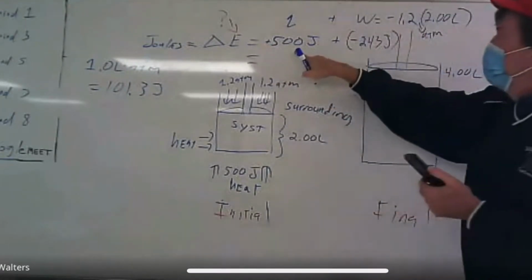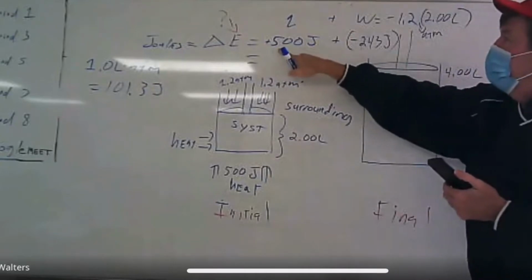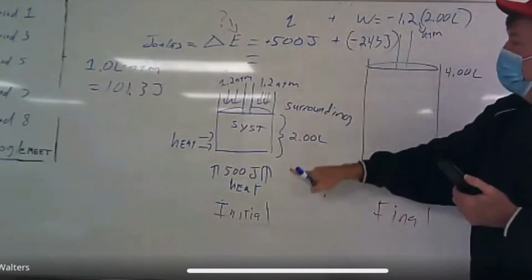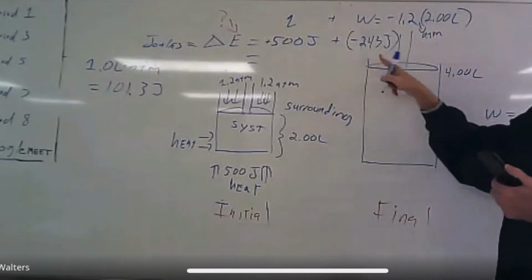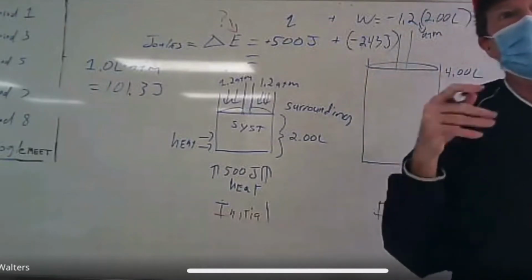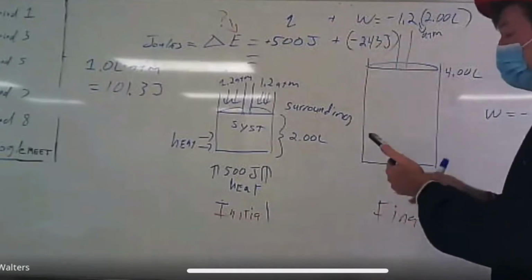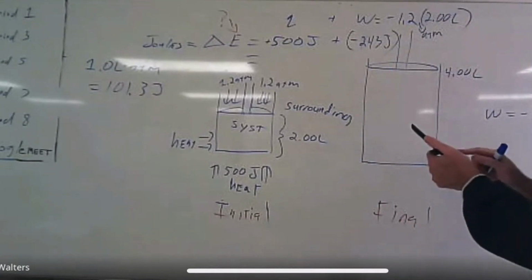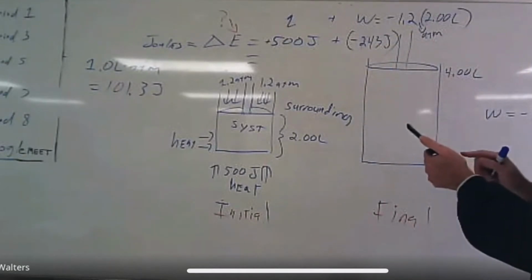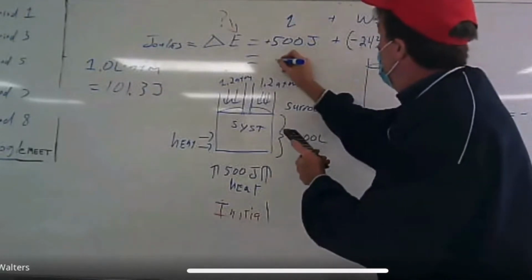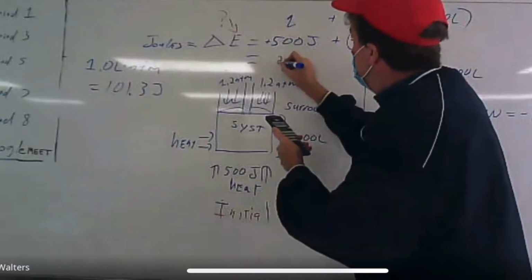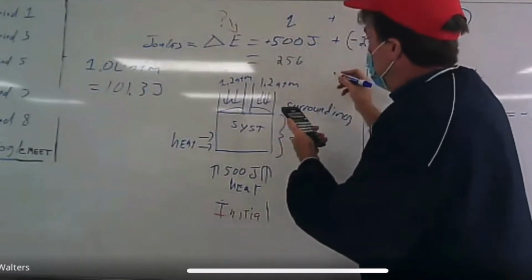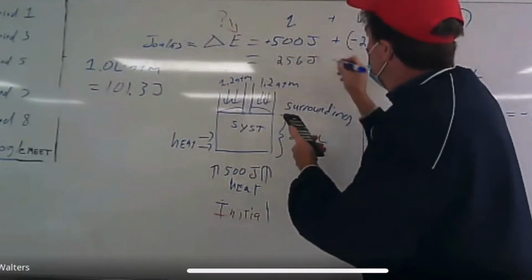So we're adding 500 joules from the surroundings to the system, and then we have this much work being done by the system on the surroundings. And we're going to have a change in internal energy of 256, and that is joules.